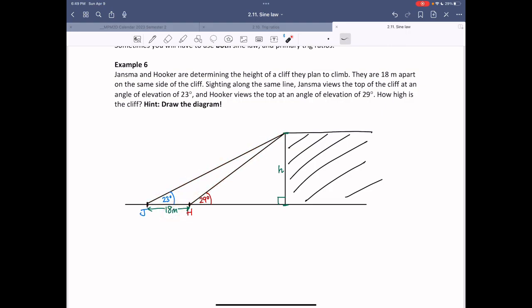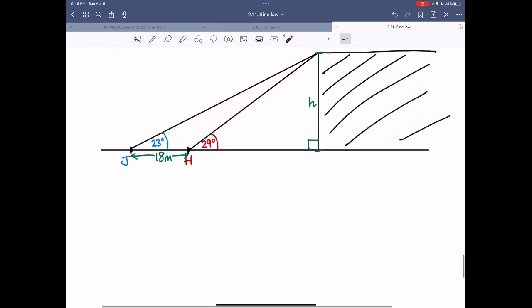And so I'll be able to find out this length right here, or this one. Entirely up to you. There's so many ways of solving this question. I'm going to go with finding this length here. That's what I'm going to focus on, because that is a length opposite a given angle that I have.